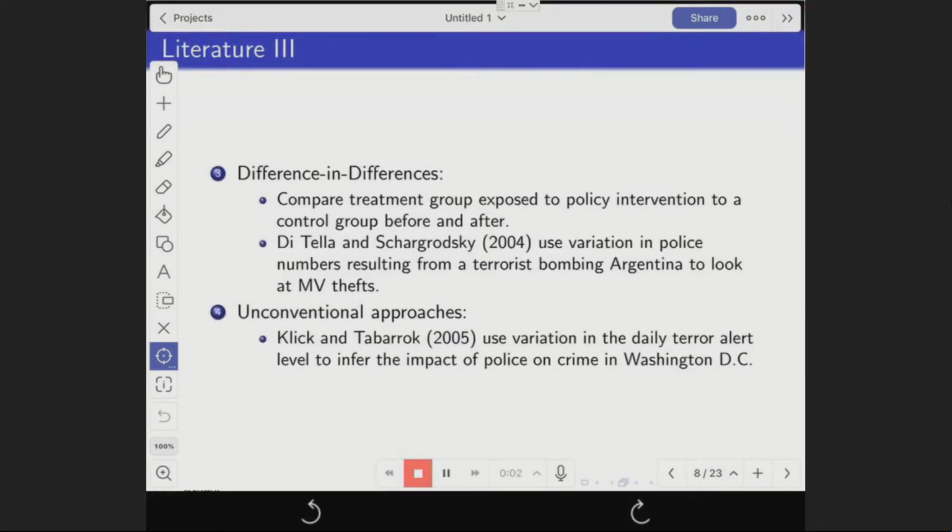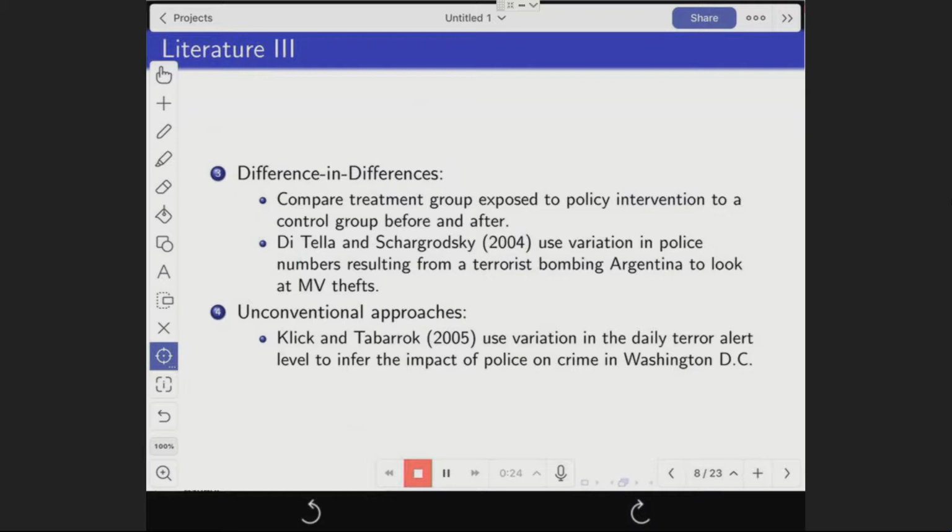The third approach is called difference in differences. So this is probably intuitively the nicest approach. You have a treatment group exposed to some policy intervention, a control group unexposed, and you compare them before and after. So these guys, Di Tella and Schargrodsky, I practiced that. So what do they do?